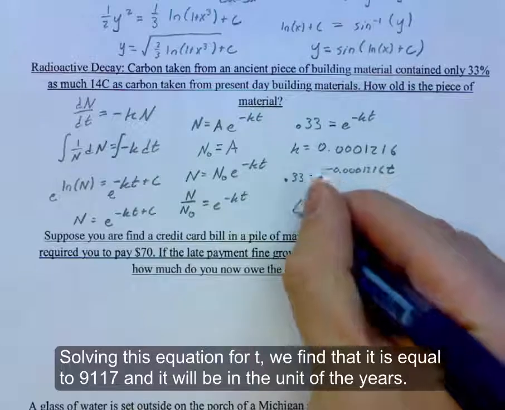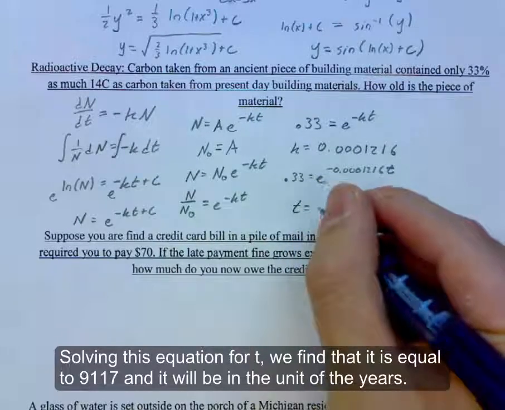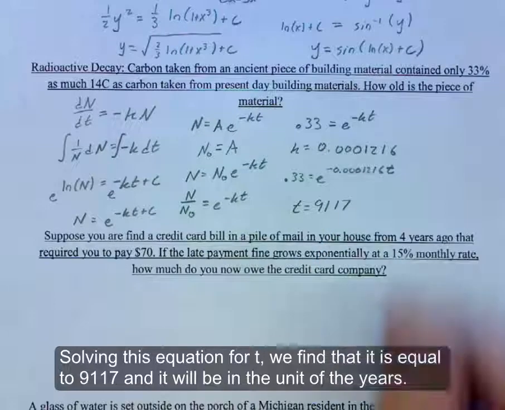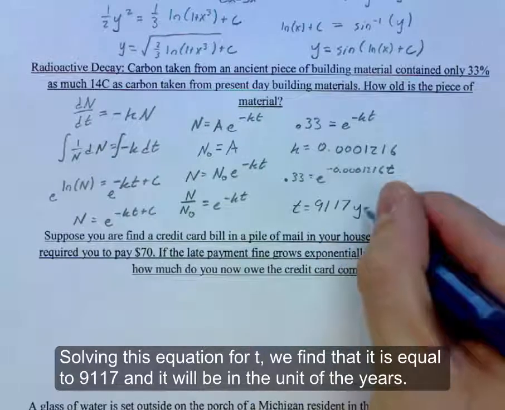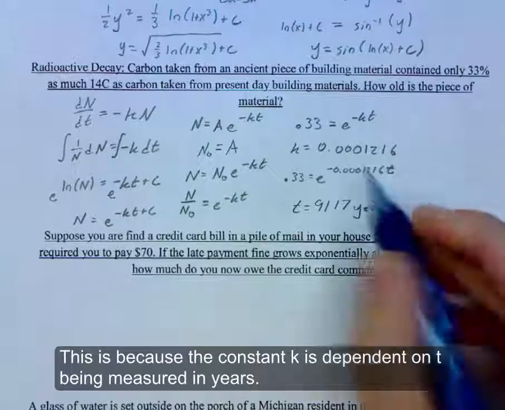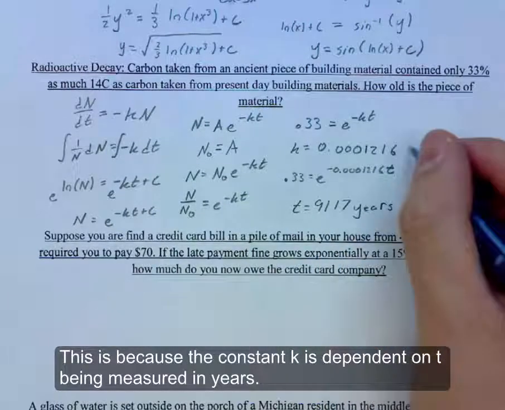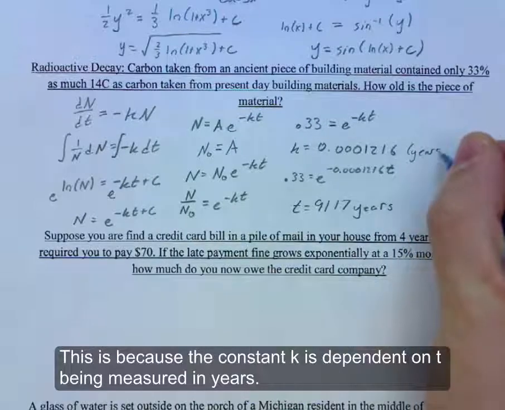Solving this equation for t, we find that it is equal to 9,117, and it will be in the unit of years. This is because the constant k is dependent on t being measured in years.